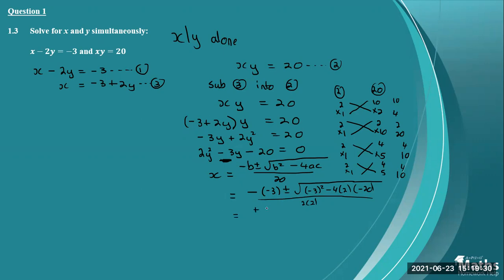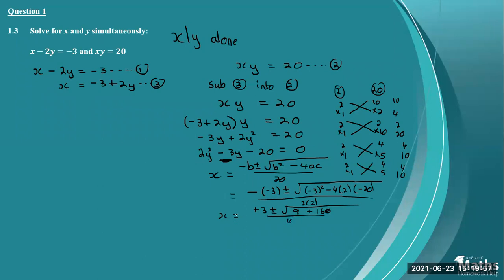I sometimes like to simplify it just so that I know there's less chances of making a mistake. So then this will be 9, and this is negative, and a negative is a positive, and that will give me 8 times 20, which is 160 over 4.